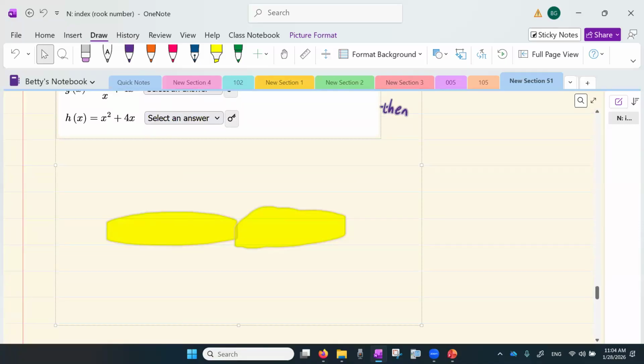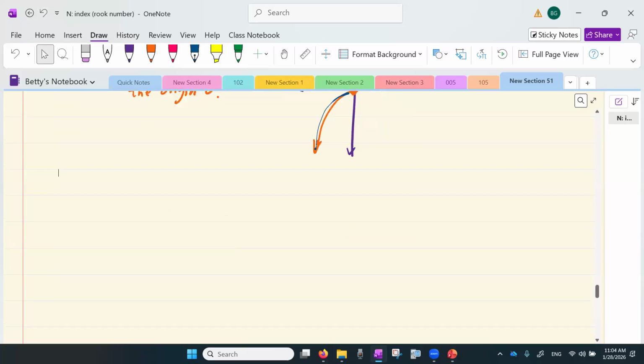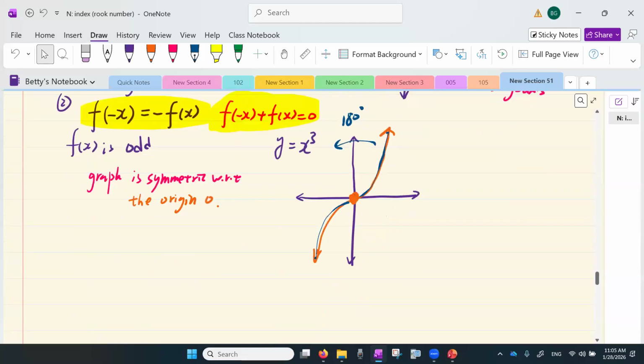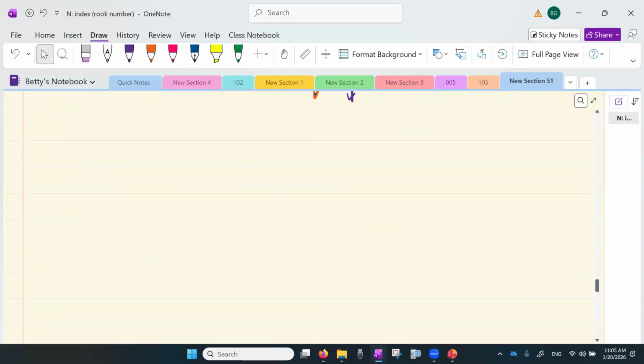All right, so what? Hold on. For each equation below, determine if the function is odd, even, or neither, right? Okay, I'm gonna just write them down. First function, absolute value of x plus 4. First function, f of x equals absolute value of x plus 4.